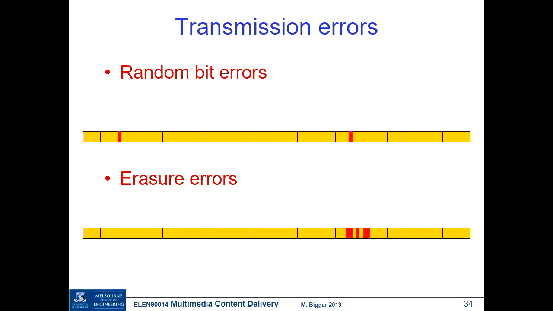So that could be something like a radio, like a microwave interference or something that occurs for a short period, but it causes a number of bit errors.